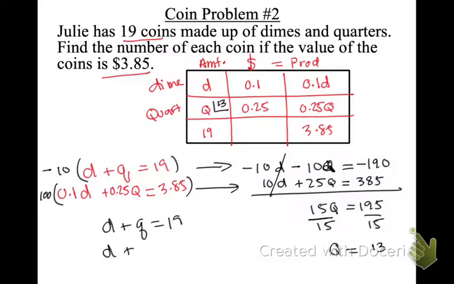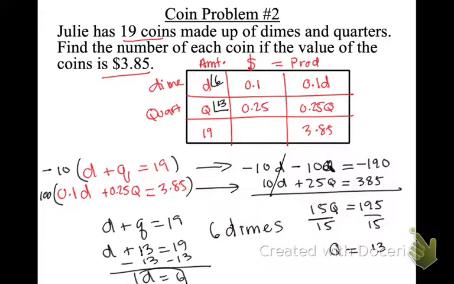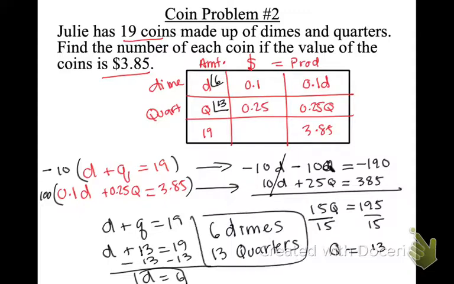Dimes plus 13 equals 19. Subtract 13, subtract 13. And dimes is equal to 6. Right? So I have six dimes and 13 quarters. That's what you're putting in your answer column.